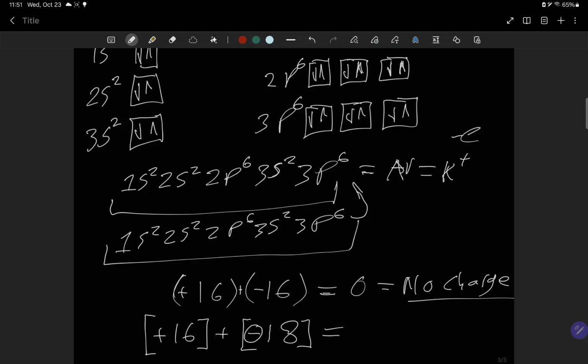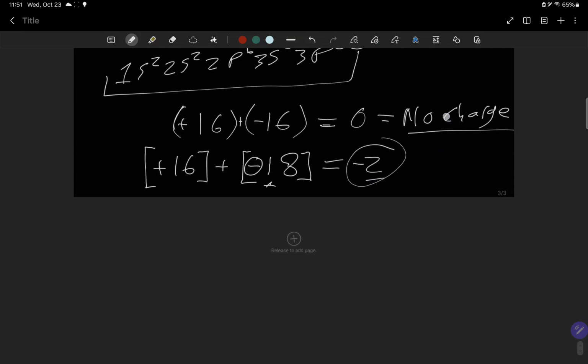So what's that going to equal? The 16 positive, then 18 negative. Negative 2. That's your charge. Your charge is negative 2. Even though we have added 2 electrons, you're going to get a negative charge.